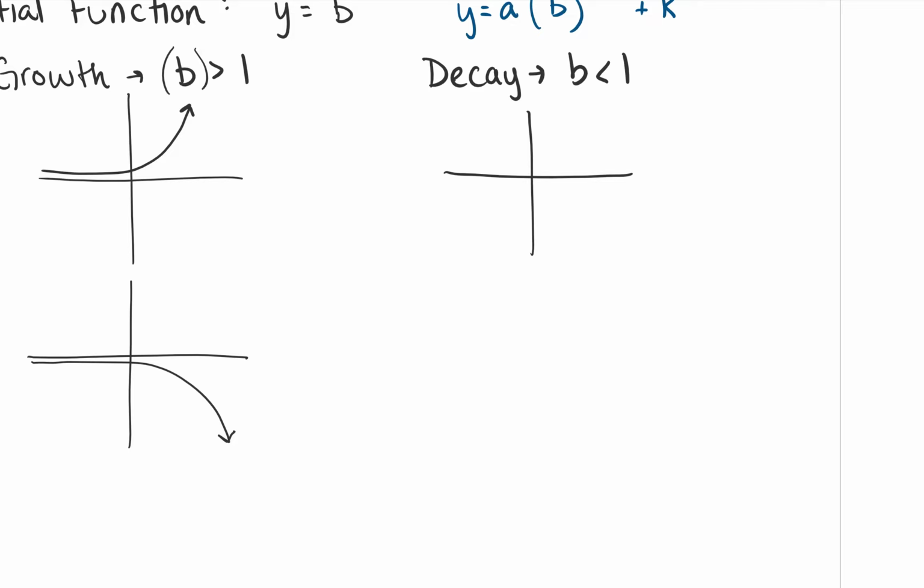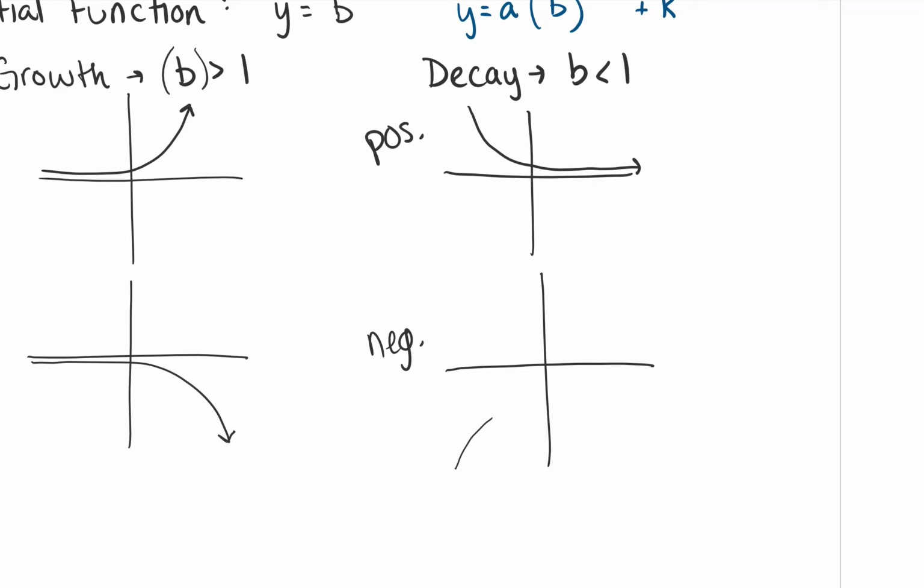With decay, I'm going towards the x-axis, but I go right above it. I never really touch it. I never cross it. Okay, that's positive decay. And then we have negative decay. Again, I start away from the x-axis on the negative side and go towards the x-axis and then kind of level out.